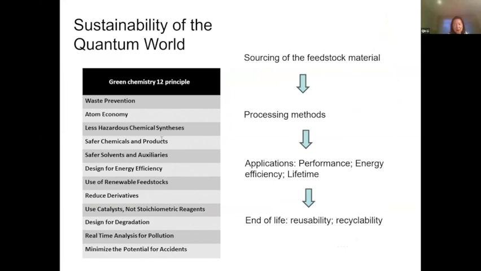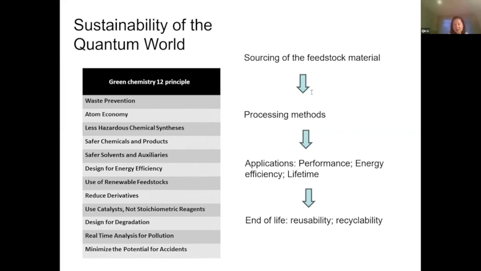If we look into the 12 principles of green chemistry, we need to see how many of these principles we have actually applied in this quantum materials design and synthesis. And these 12 principles can be summarized into 4 categories.